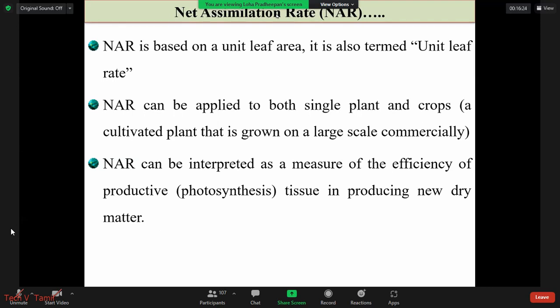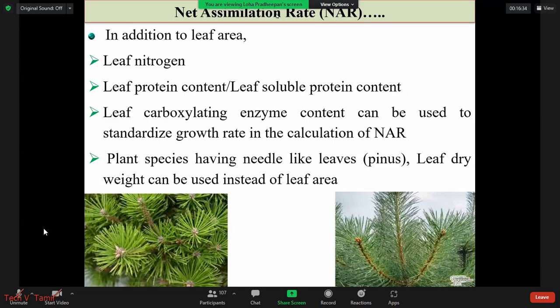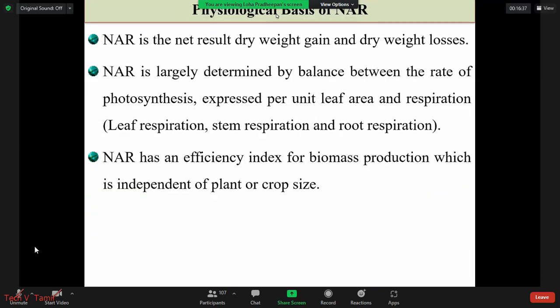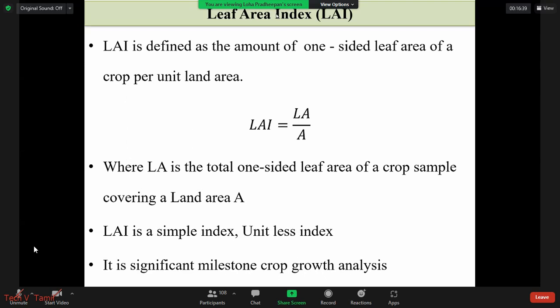This indicates the net result of photosynthesis and respiration. It is more correlated with the photosynthetic tissues, how efficiently they can produce assimilates. So parameters that affect photosynthesis also affect the net assimilation rate.